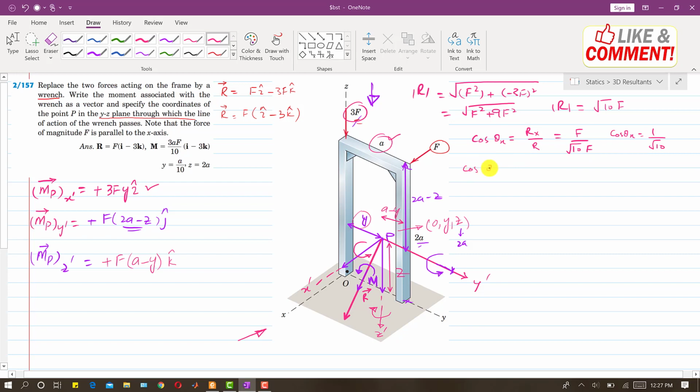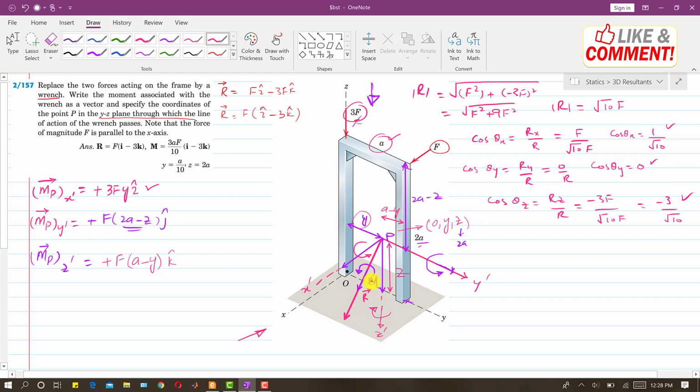And cos theta y will be Ry by R. Since there is no component of the resultant along y, Ry is 0, so cos theta y is equal to 0. And cos theta z will be Rz by R. Rz is minus 3F, divided by the resultant, so this comes out to be minus 3 divided by square root 10. So these are the direction cosines of the resultant.